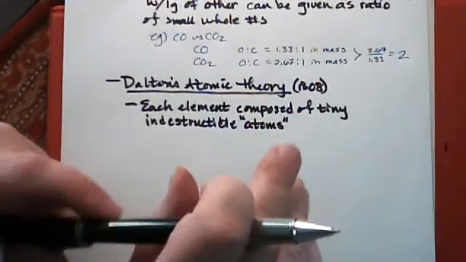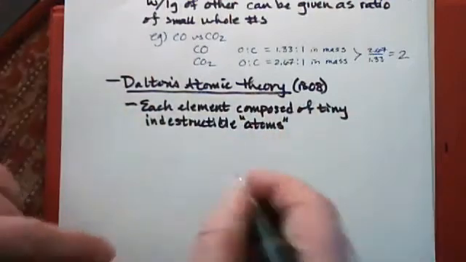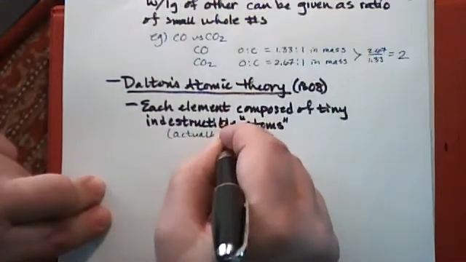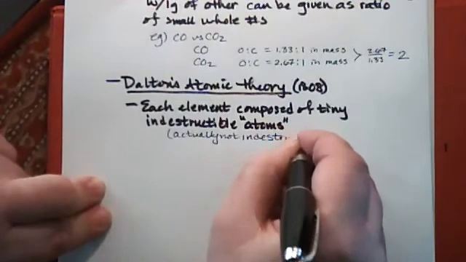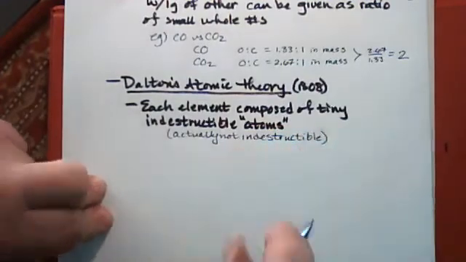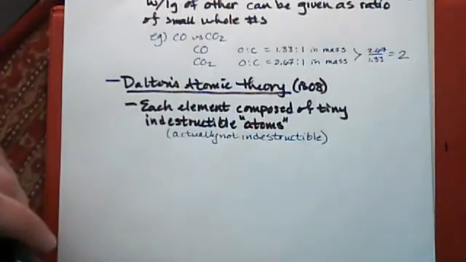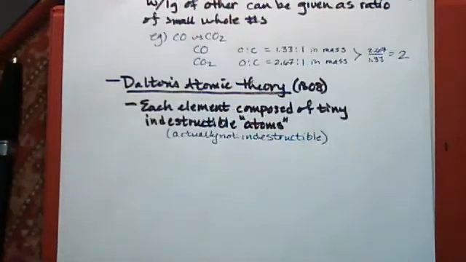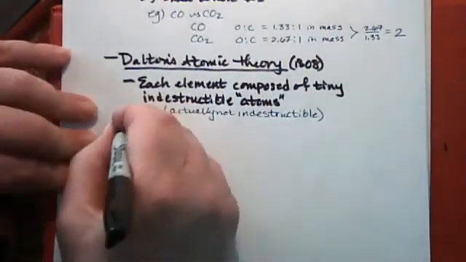In fact, atom comes from a Greek word that means indivisible or can't be cut. Well, actually, as we know today, atoms are not indestructible. They can be destroyed as part of nuclear reactions, and they can be destroyed in atom smashers and things like that. But other than that, he was right. They are tiny, and they do compose all matter.